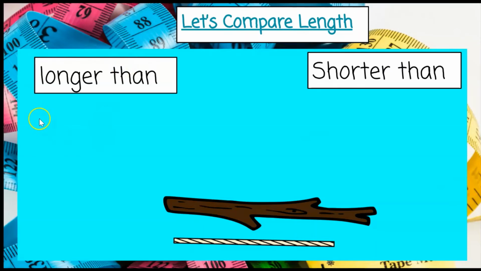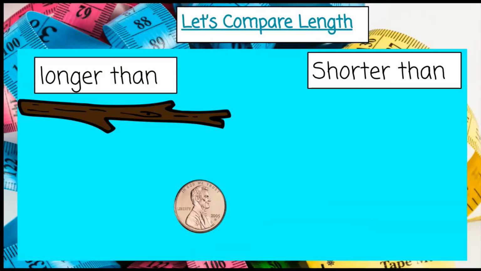Am I going to sort it under longer than or shorter than? Your teacher's going to pause the video and you guys are going to decide where I'm going to sort it. You probably decided we're going to sort it under longer than, as when we looked, the string stopped and the stick kept going.